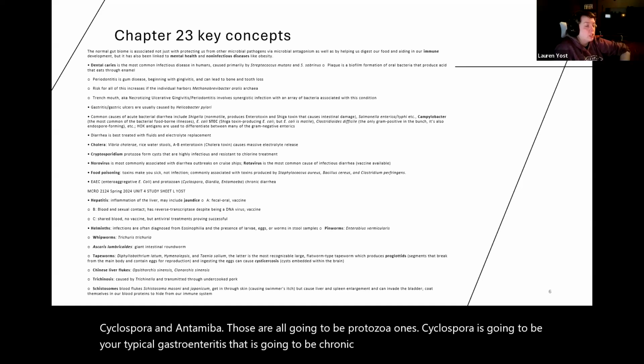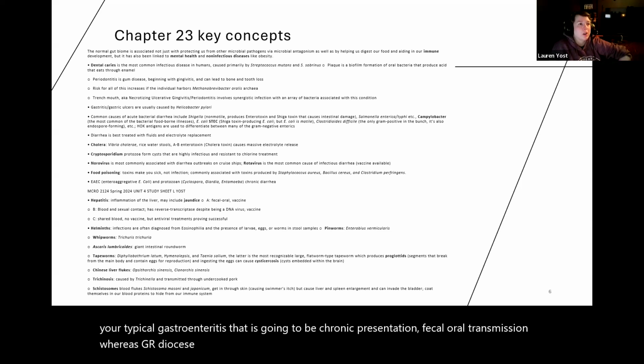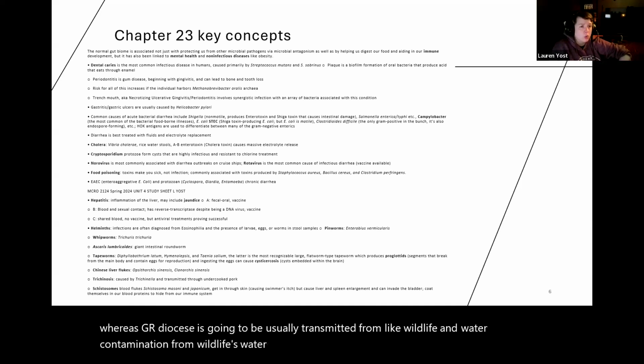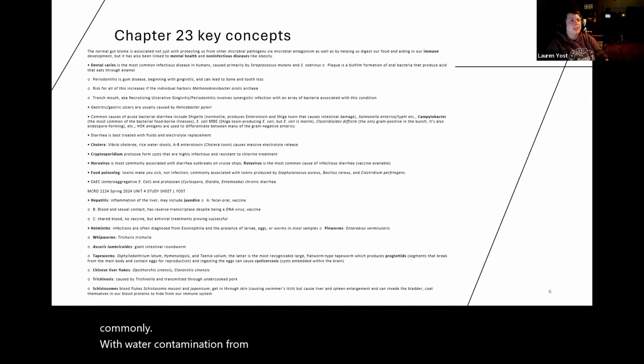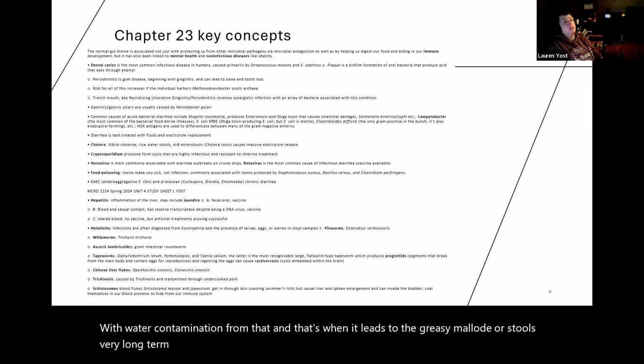It's fecal-oral transmission. Giardiasis is usually transmitted from wildlife and water contamination. It is fecal-oral as well, but more commonly associated with water contamination. That's when it leads to the greasy, malodorous stools, a very long-term flatulent sort of presentation of chronic diarrhea. And then Entamoeba histolytica causes a dysentery version.